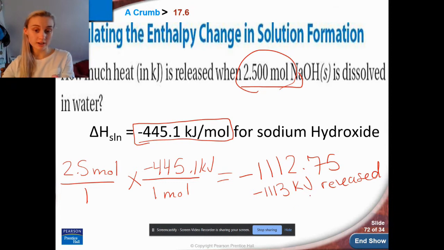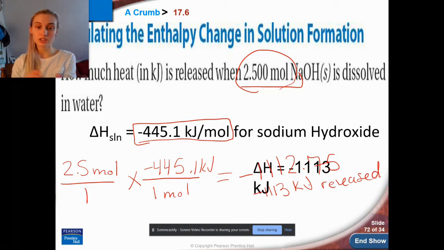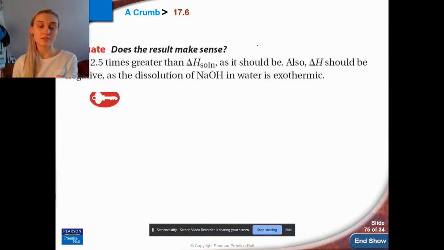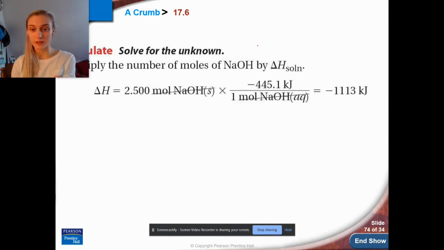Let's see if we're correct. Yay! So negative 1,113 kilojoules of energy is released. Okay? So that's an example of how you do a solution problem. It walks you through it, but again, I feel it's better that you see me try it rather than it's just stagnant. Stagnant means like standstill. Numbers.